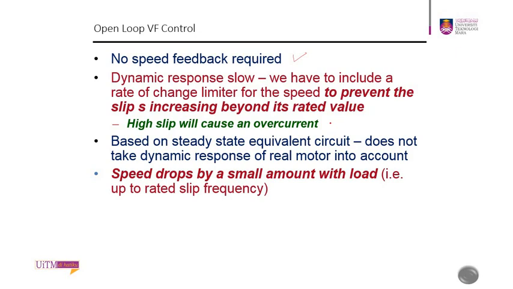If you look at the chart previously, high slip will cause inrush current, overcurrent. It is based on the steady state equivalent circuit, so it does not take the dynamic response of the real motor into account. And the speed drops by a small amount with the load.